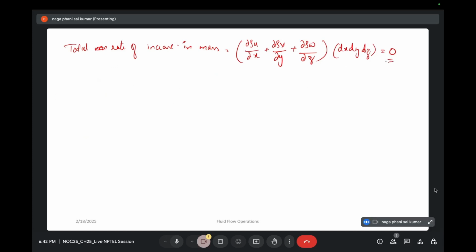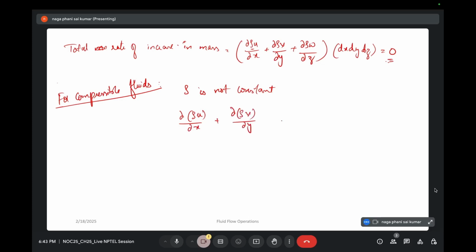Okay. So for compressible fluids, rho will not be constant, right? So that is why for compressible fluids, rho is not constant, we have ∂(rho u)/∂x + ∂(rho v)/∂y + ∂(rho w)/∂z equal to 0.